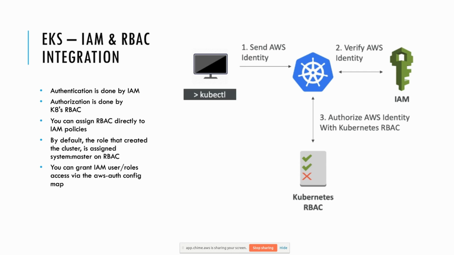When you create a cluster, you automatically get an AWS auth config map created for you on your cluster, and that is where you can set up IAM roles, and then you define which groups and access this IAM role has.